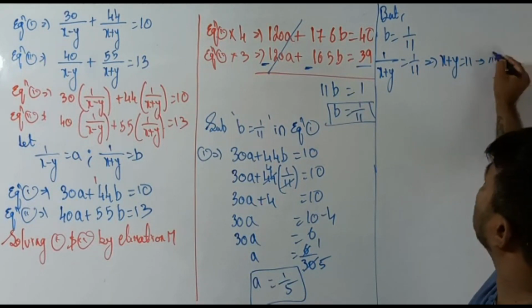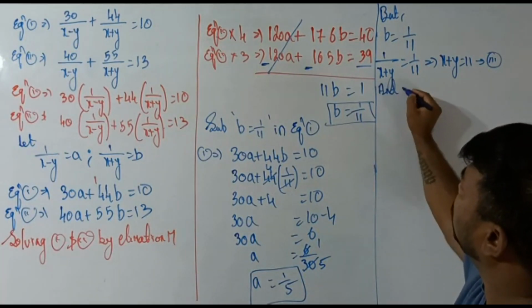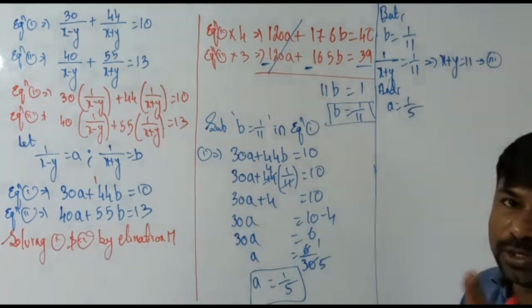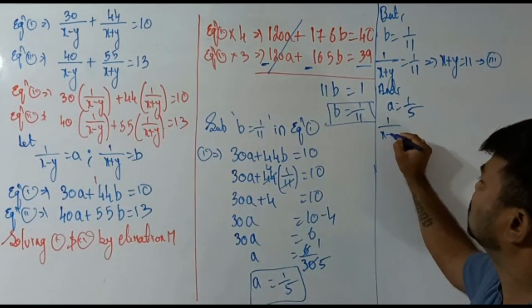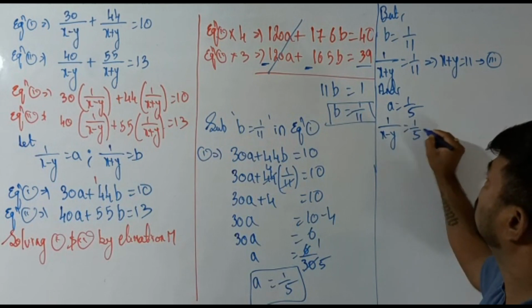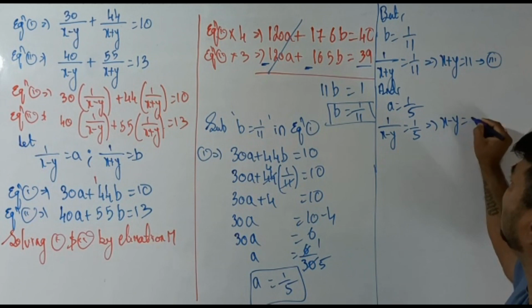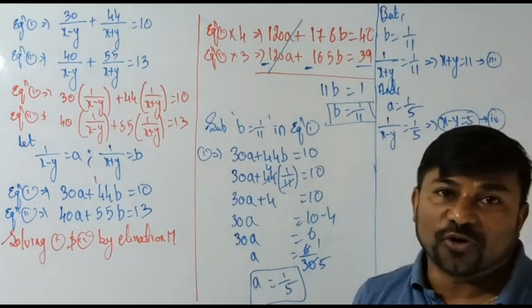Let's call it equation 3. And a is equal to 1 by 5, but a is 1 by (x minus y) equals 1 by 5. Comparing the denominators, x minus y equals 5. I call it equation 4.